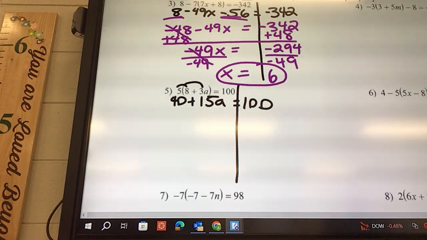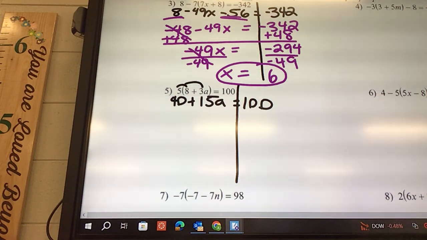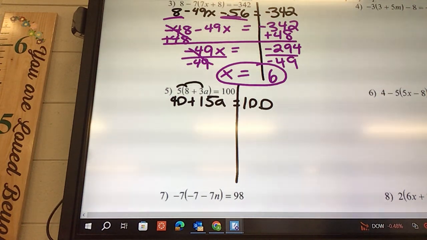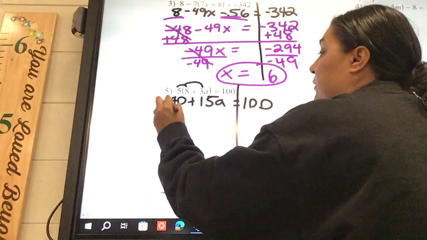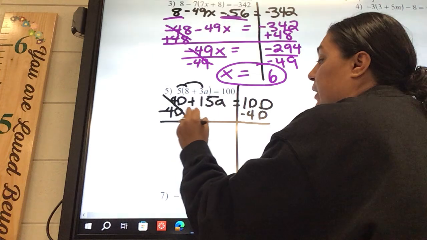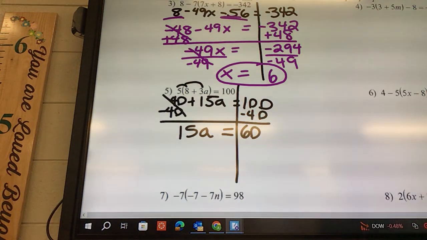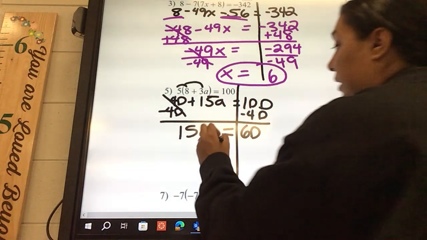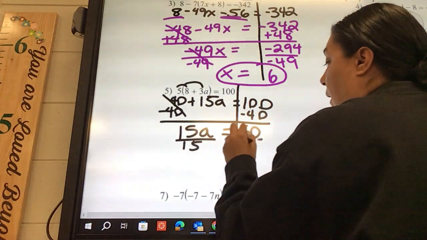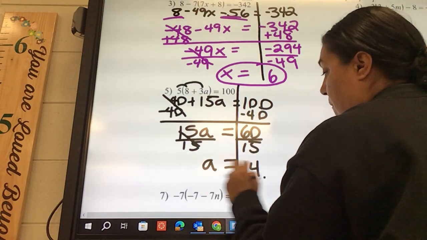Well, 40 is the kid, so I'm going to say minus 40, minus 40. So I'm going to get 15a, and that's going to give me 60. And then I need to break up that couple, so we're going to divide by 15. So we get a equals 4.